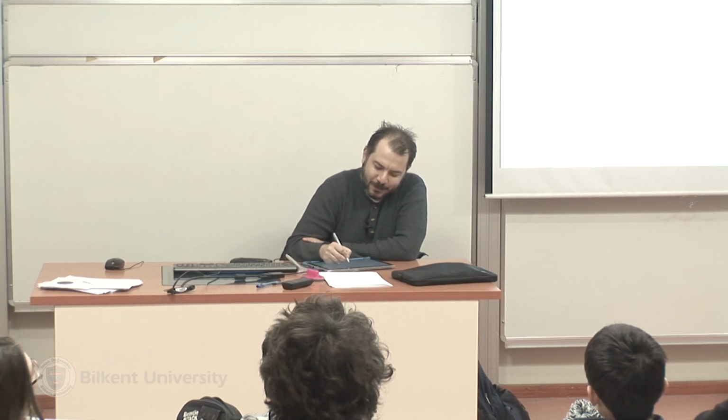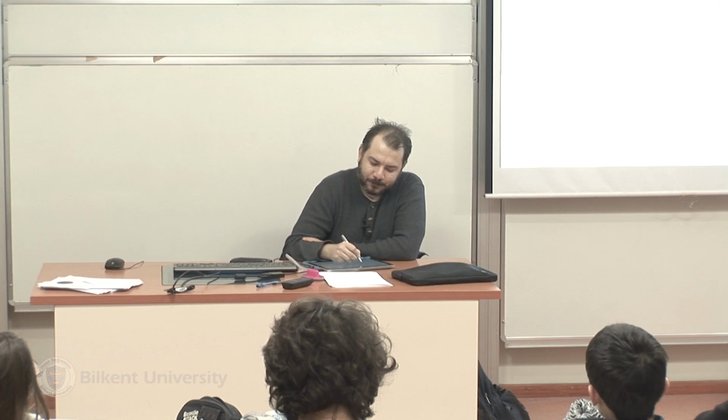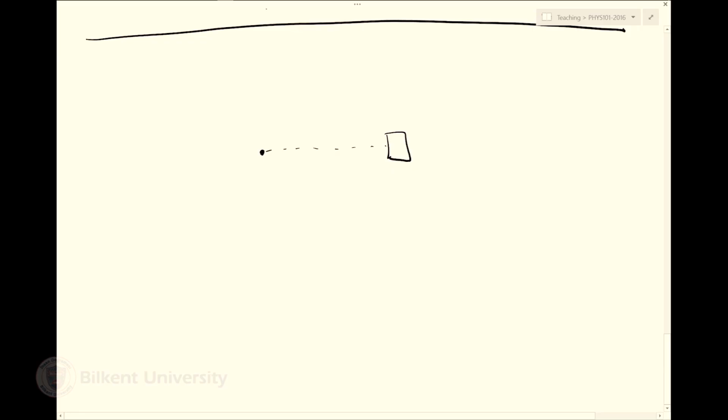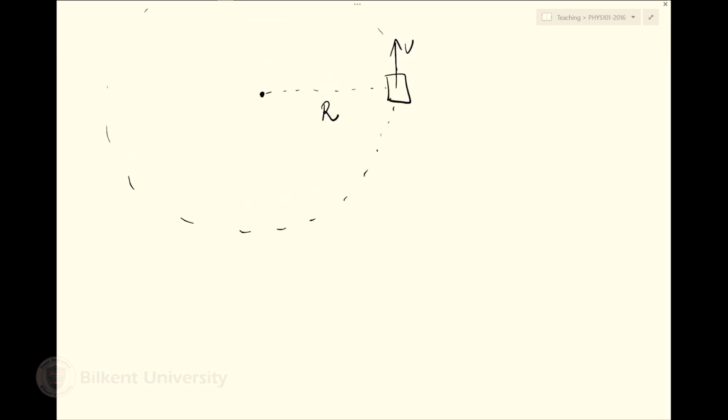Let's say I have some mass moving with velocity v on a radius r. This is uniform circular motion. We know what this guy does. It goes on a circle, right? Now, here's the thing.